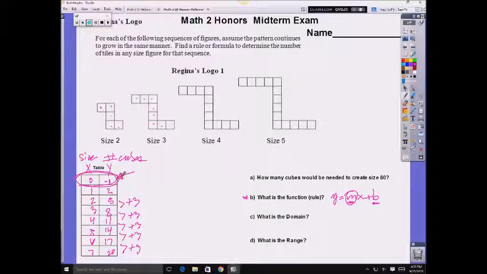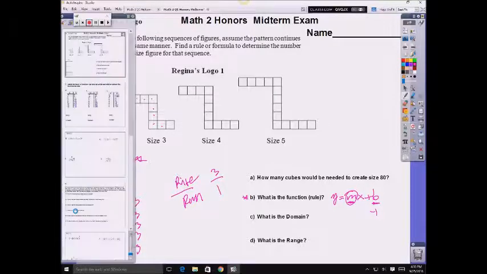The beginning is 0, always 0. So b is -1, m is slope, which is rise over run, and that would be 3/1. This y is my rise and x is my run. So these are going up 3 while these are going up 1.